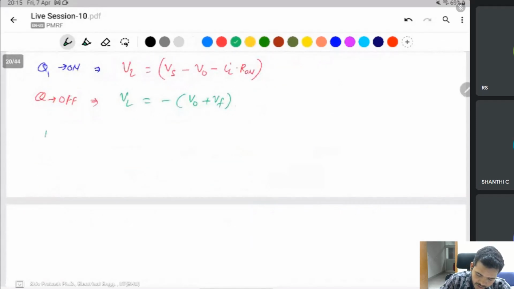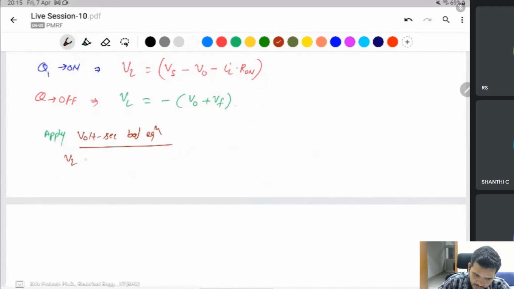Apply volt-second balance. VL on time, that is dT, plus VL off time, 1 minus d T, is equal to 0.